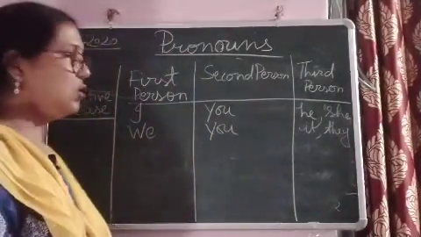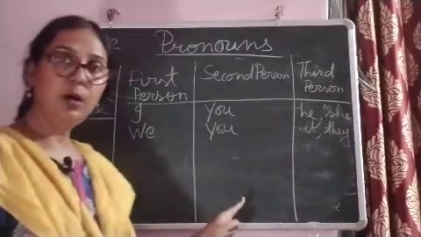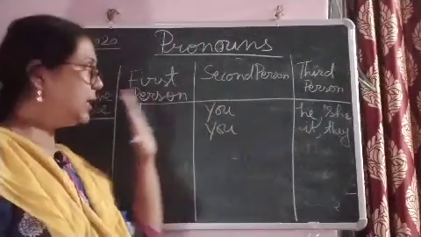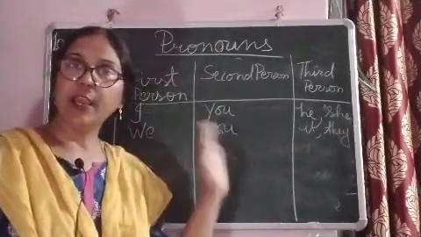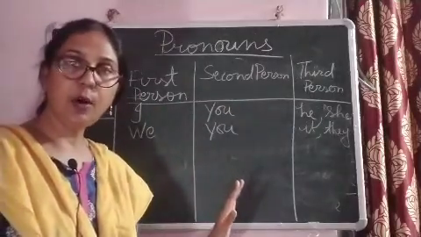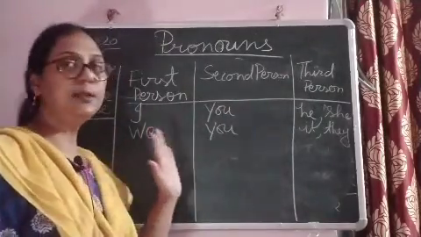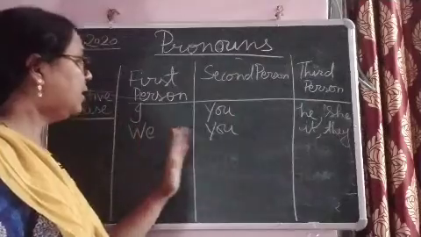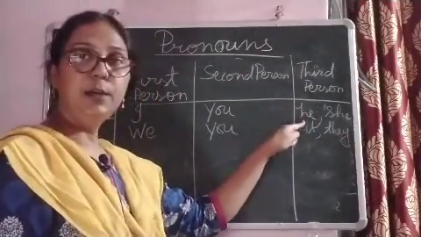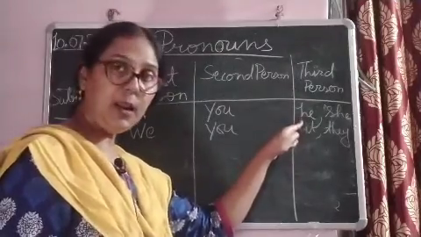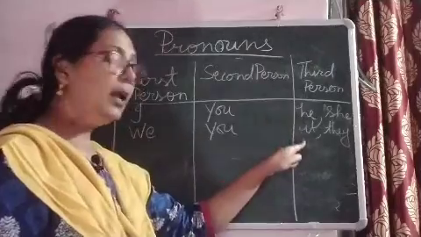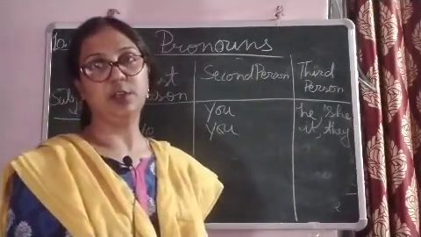So here we are talking about gender, cases and person. This table will be very helpful for you, so you have to write it in your copy. Here he denotes male and she denotes female gender, it and they for the neuter gender.